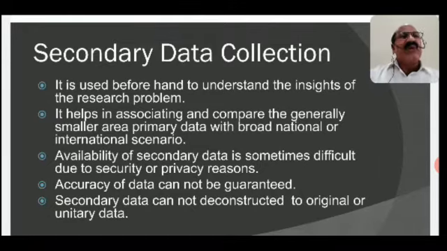You are getting village-level data, not household-level data or every person's data. Suppose income: you will get the average income for the village, but you never know each individual's income. So that is the difference between primary and secondary data.